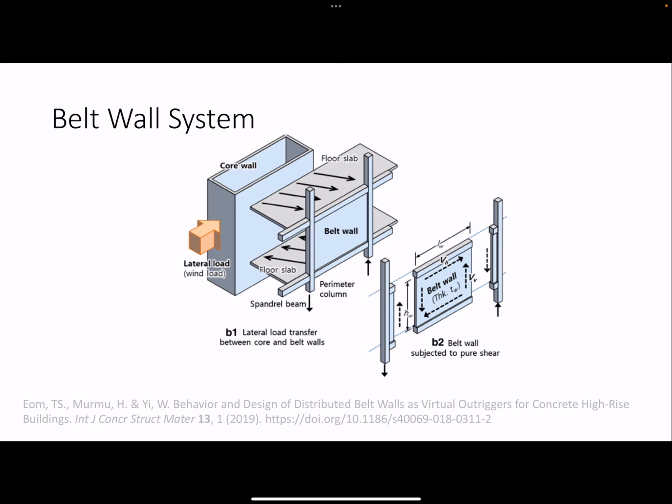Another way to assist tall buildings in utilizing their shear walls to resist overturning and lateral forces is to implement what's called a belt wall system.